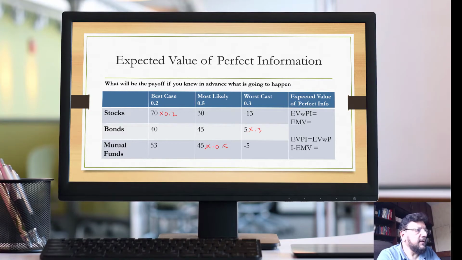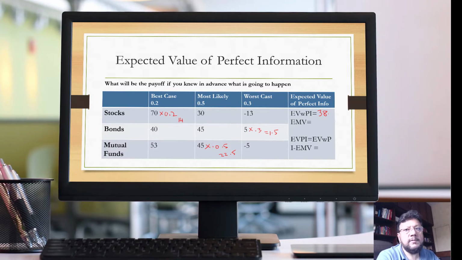So basically you've got 1.5, and we've got 22.5, and this is 14. So you add them up, and you get 38.